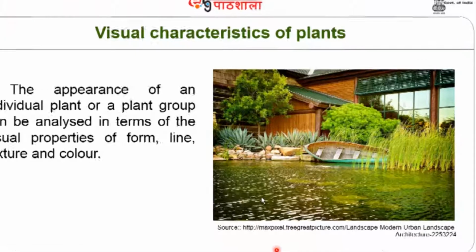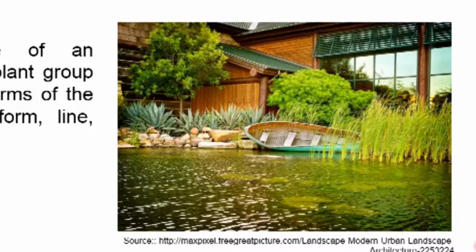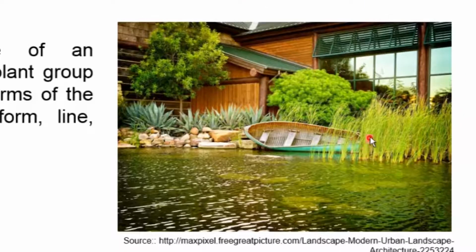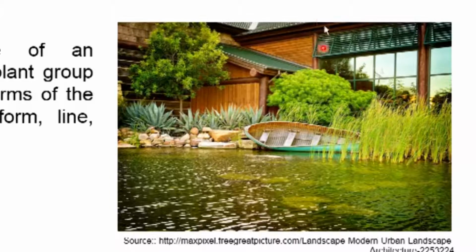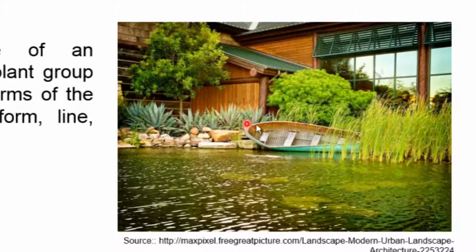For example, if you see this picture, we could see lines which are generated by the plants, the visual lines that are there. Then you can see a form. Then you have a line and the texture, which is very bold, very rough, and which shows an ascending character.